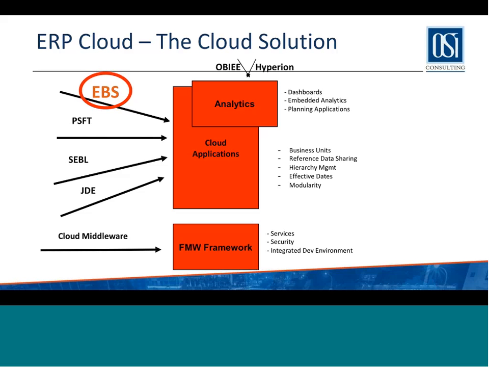The reason for bringing up this model, this picture here, is that even though it has the components from all of these applications in Fusion, EBS is by far the largest base there. And this is my opinion. Oracle has not officially said this anywhere, but when I work with the cloud applications, what I find is that it is based more on EBS than on anything else.